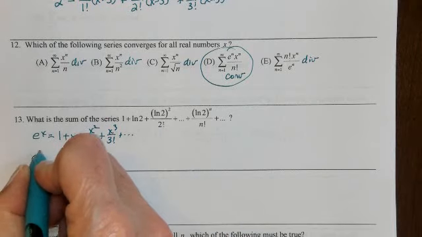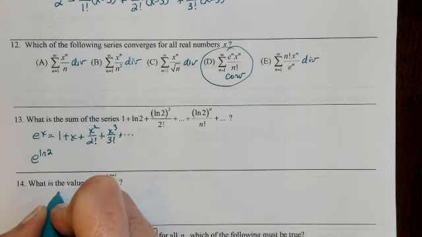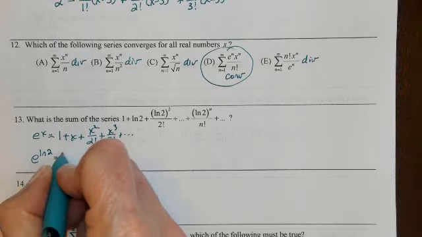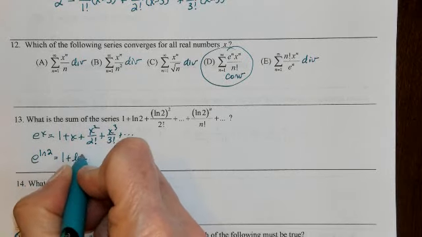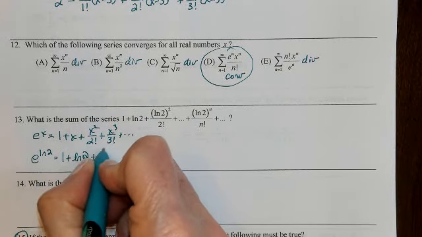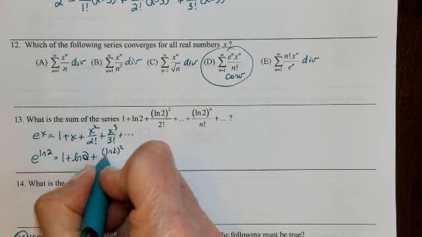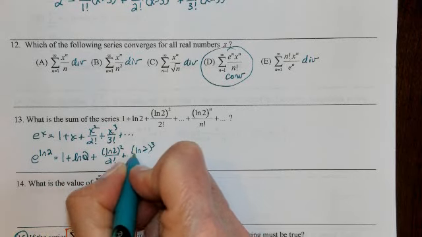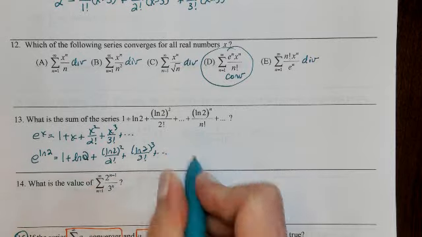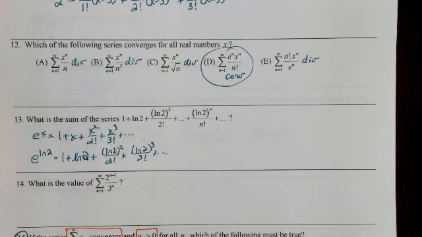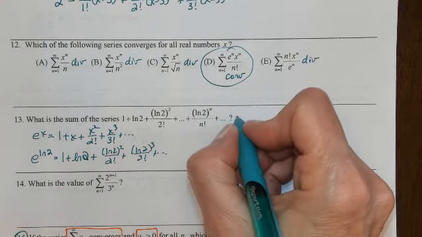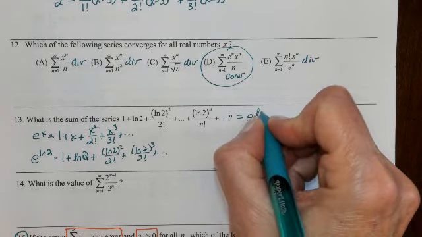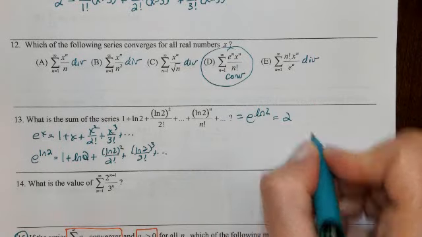So I'm replacing x with ln of 2. And that is that series, right? So this series has a sum of e to the ln of 2, which is the same thing as 2.